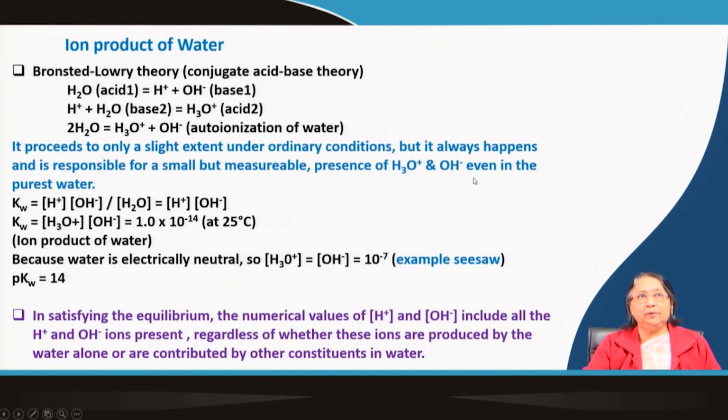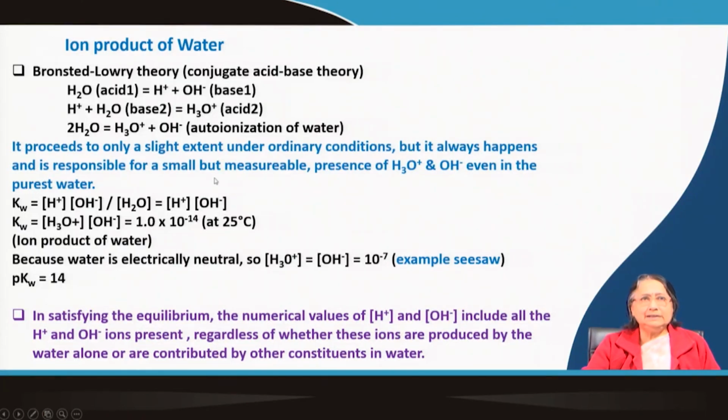Even in the purest form of water, we will see that it is slightly dissociated and forms the H3O plus ion and OH minus ion. So, Kw, which is the equilibrium constant of that reaction, can be written as Kw equals H plus ion concentration times OH minus ion concentration.